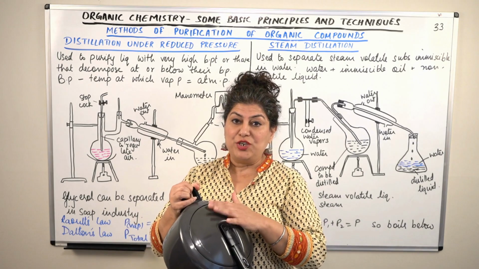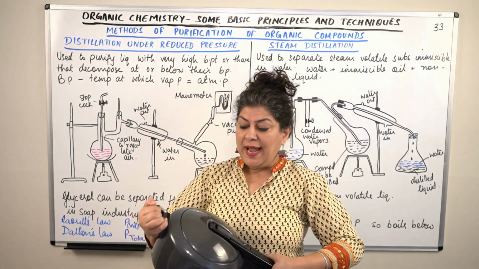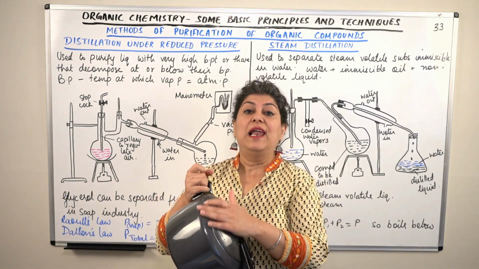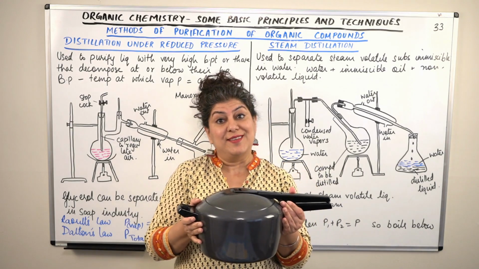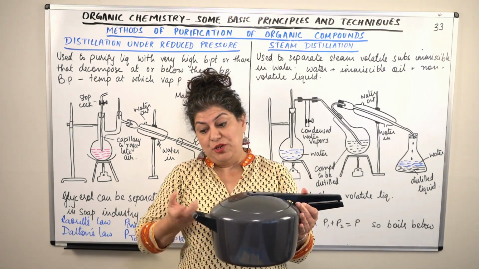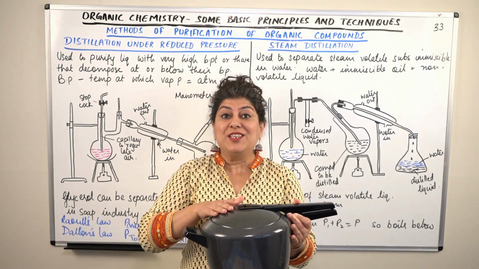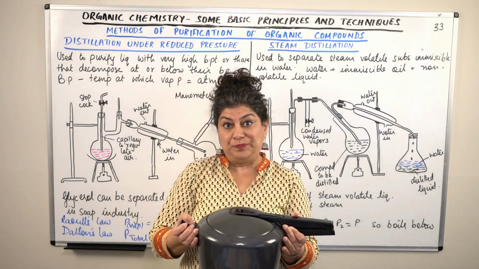If you notice, a pressure cooker has a gasket in it, so it seals very well and does not allow even air to pass through it. So now we have an isolated system. In this isolated system, when the water starts boiling, it's producing the vapor pressure, but the atmospheric pressure is not pushing it down.